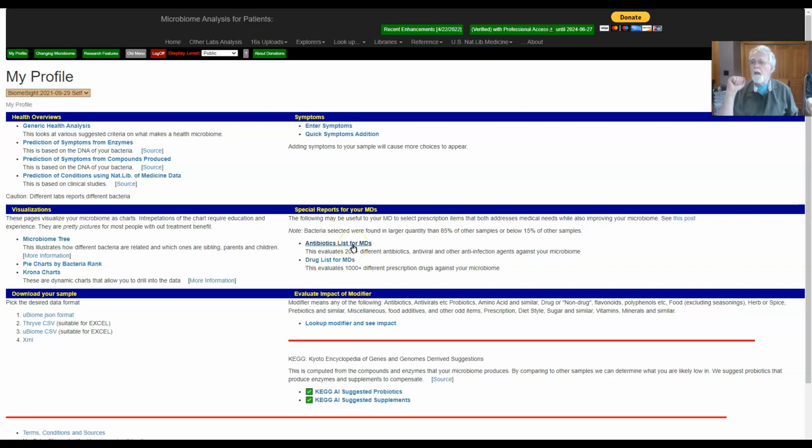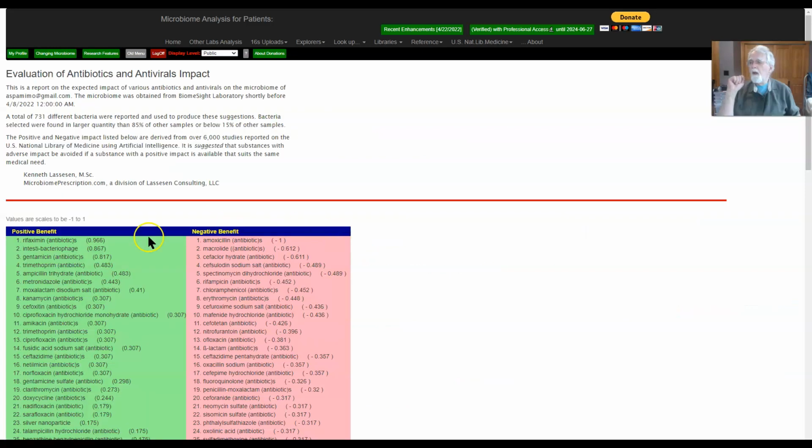Now in the email he asked about one thing, so I'm going to open that up. And here's the real interesting thing. Based on his symptoms, his MD has prescribed rifamycin right here. And guess what? Number one choice on the evaluation of antibiotics and antivirals for his microbiome is that exact same antibiotic.